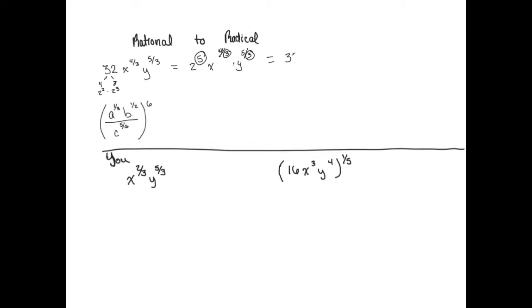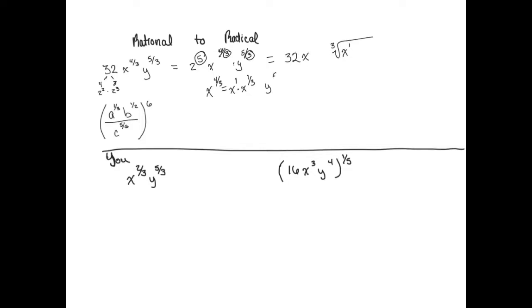So we're going to go ahead and write this as 32. We're going to rewrite x to the 4 thirds is equal to x to the first times x to the 1 third. So we got x on the outside, and then we're going to have an index number of 3, and x to the first power on the inside.